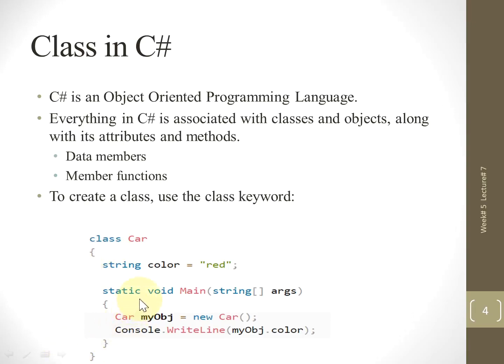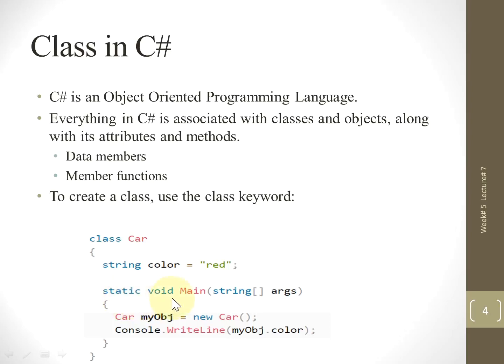If you remember, when I was discussing the structure of C# and comparing it with the structure of C++, I told you that there is only a simple difference between them: the main function is available within the class body.